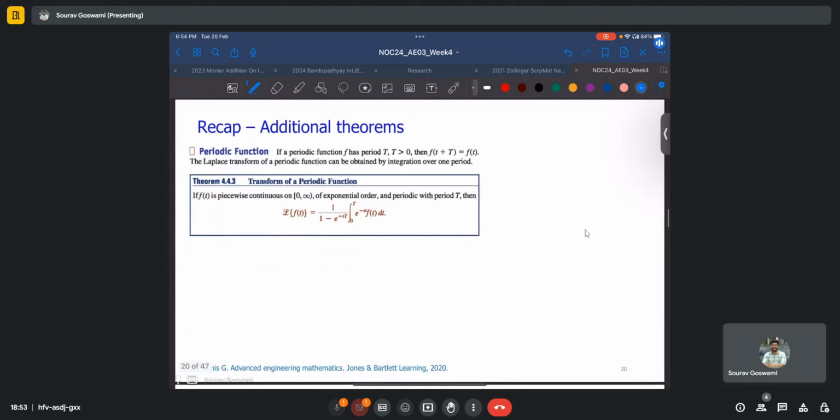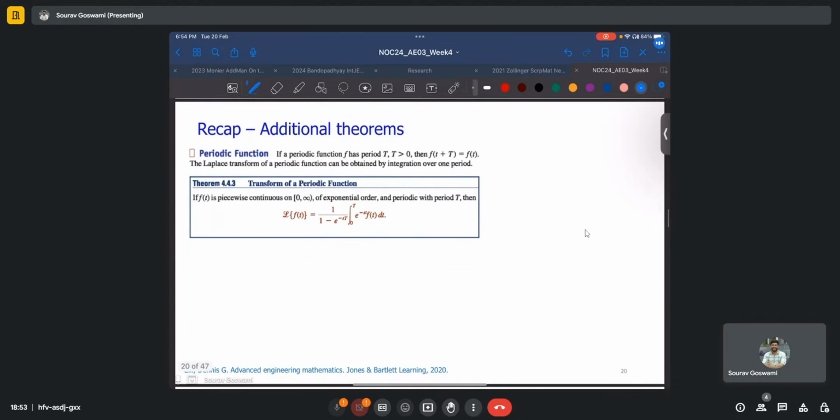And if we are to find the Laplace transform of any periodic function which has a period T greater than 0, then it's also given here. The Laplace transform of such a function will be 1 by 1 minus e power minus sT, times the integral 0 to T of e power minus st f of t dt.